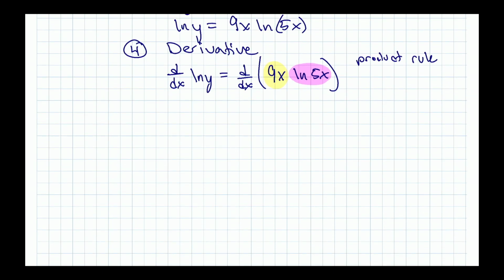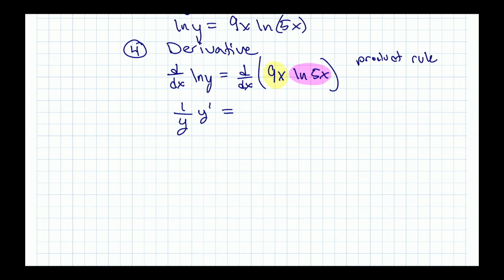Let's do the left-hand side first though. So d/dx ln y, how do we do it? Well, 1 over y times y prime. That's implicit differentiation, but remember, on the last problem I said it's the same implicit differentiation in every one of these problems. So just remember 1 over y times y prime and you're good.